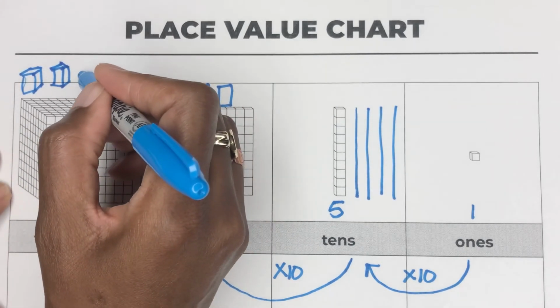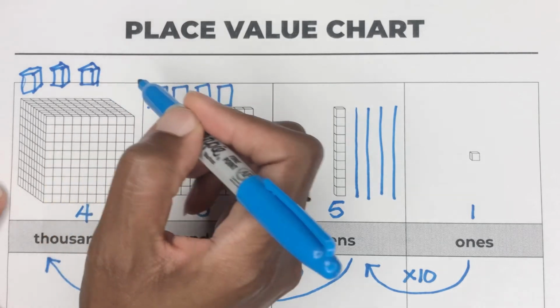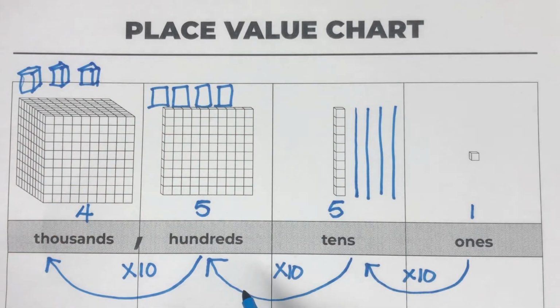That would be 4. And then that would be the example of the student knowing the value of the numbers by using these blocks. That will really help them to represent what the number is by using these base 10 blocks.